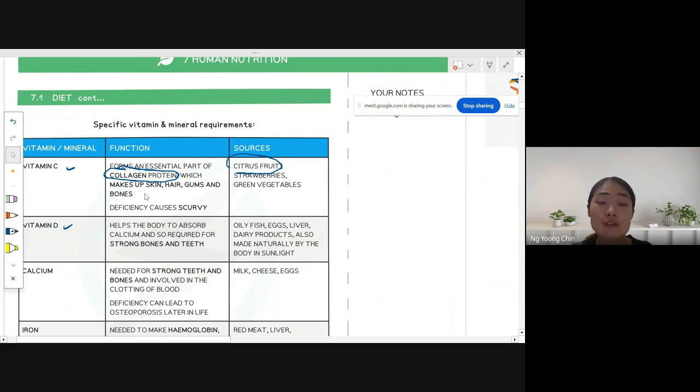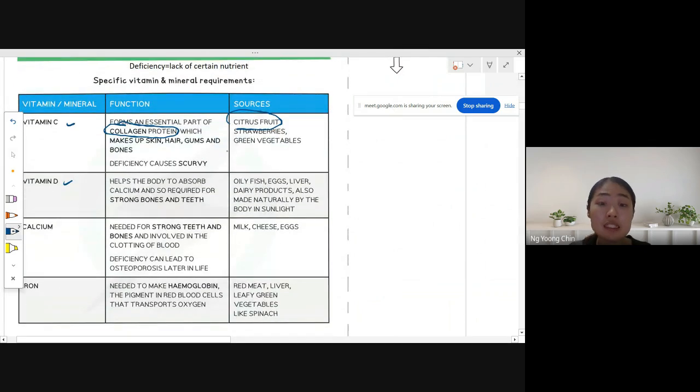So if we lack vitamin C, that means we are also lacking collagen proteins, right? If there's a deficiency, what does deficient mean? Deficient means lack of something, not enough. Lack of certain nutrients is deficiency. So if we don't have enough vitamin C, we will have scurvy.